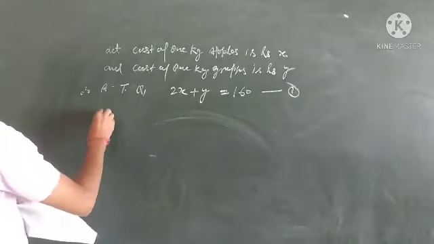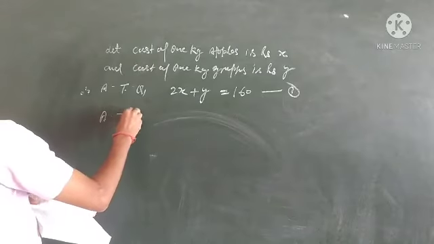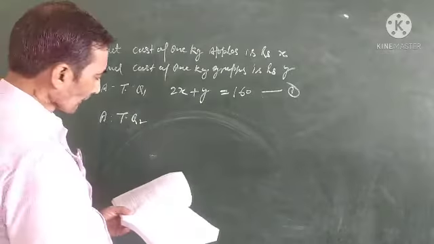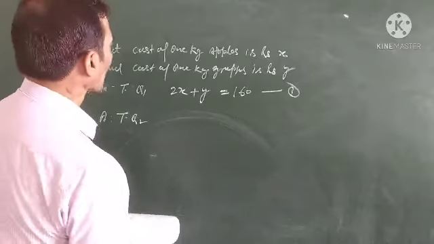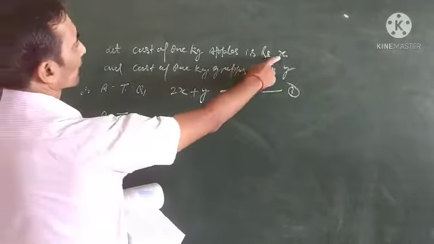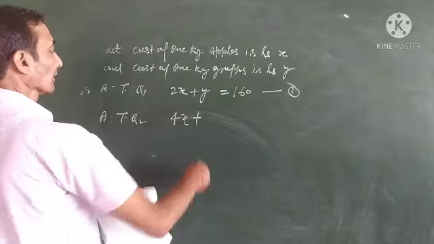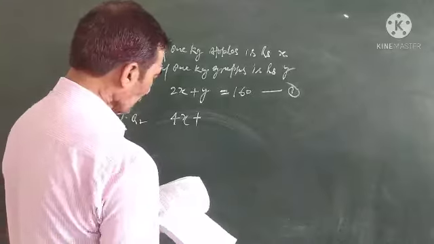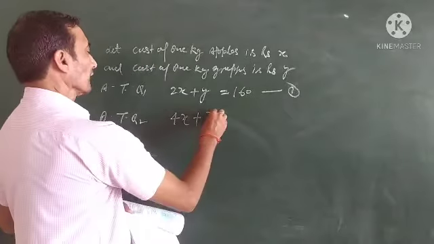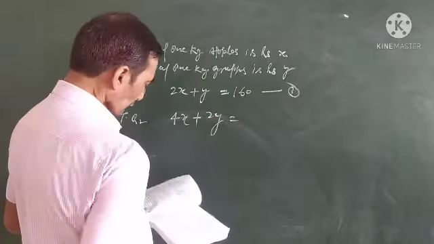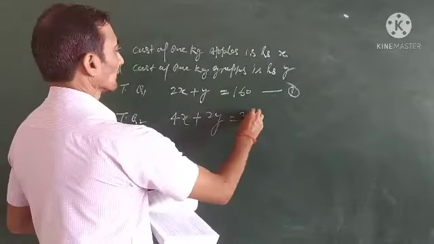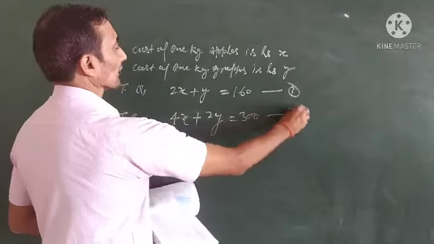And according to the question, 2: 4 kg of apples. Cost of 1 kg apples is x, then 4 kg apples is 4x, plus 2 kg grapes, 2y, equal to 300, and that is the second equation.